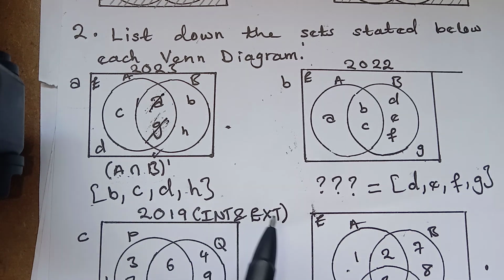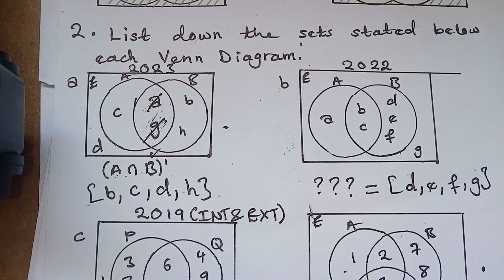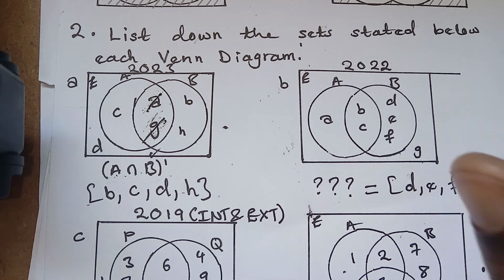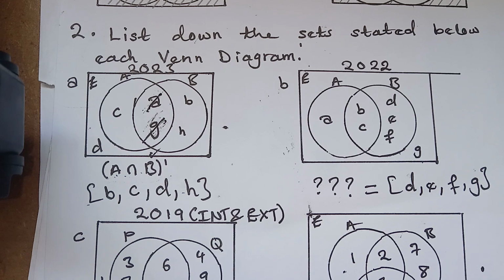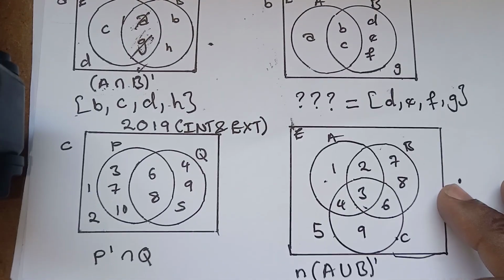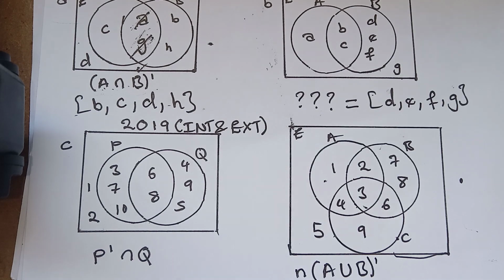If you have numbers, list them down in ascending order so that you make it easier for the marker to mark. So I'll attend to this one at the end since it's a bit different, but not necessarily hard.